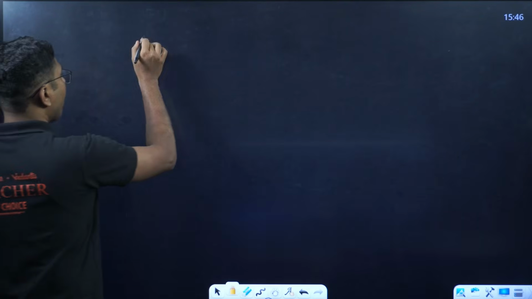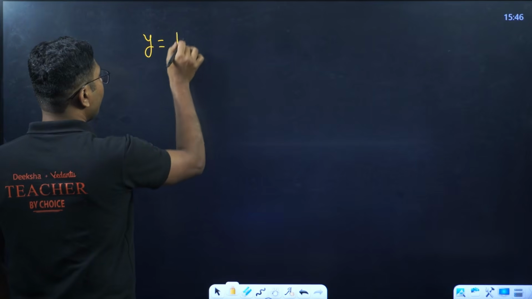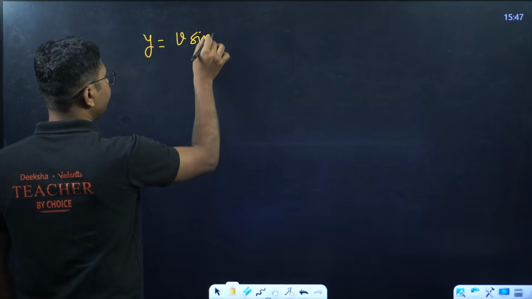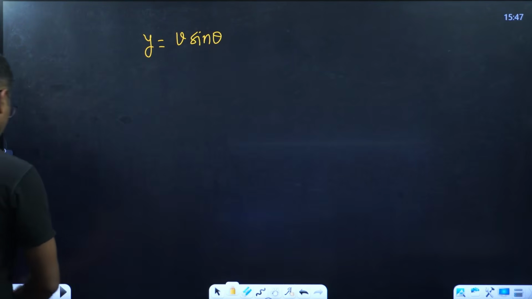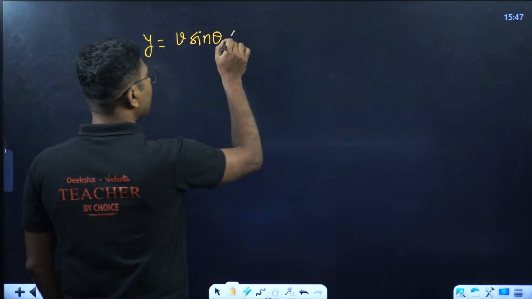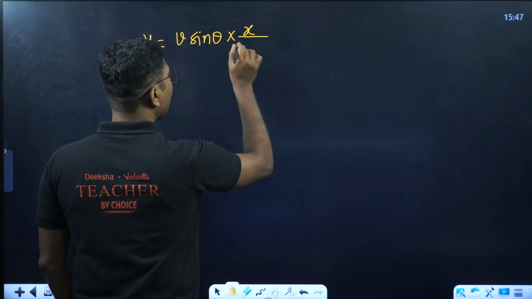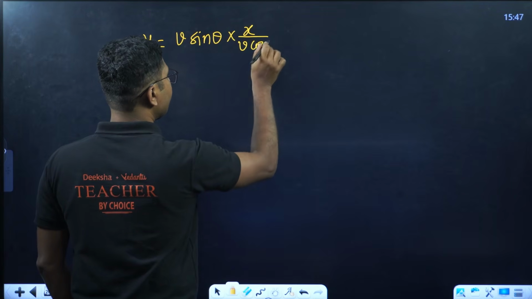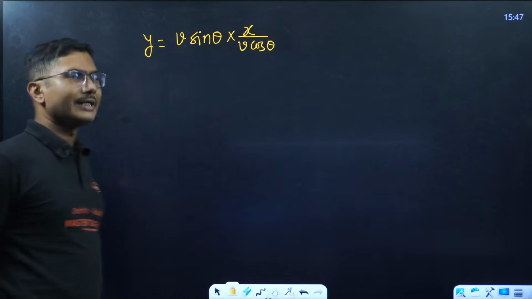So you get y equals v sin theta into x by v cos theta. Now if you see here, this equation does not have any time t.